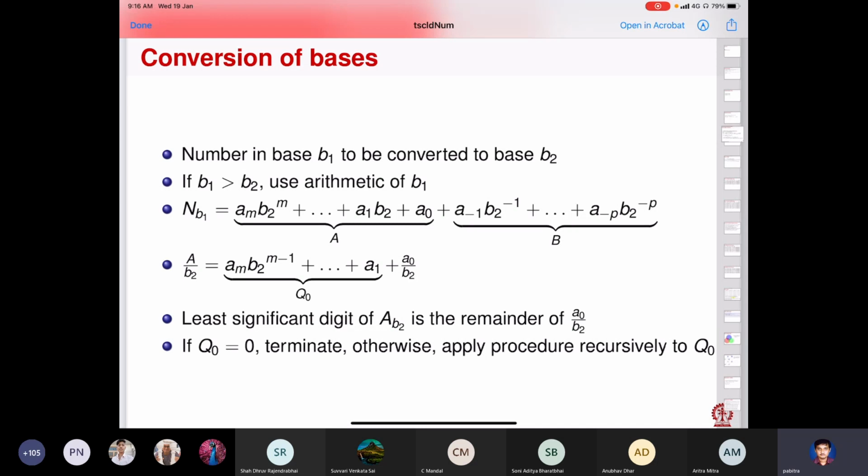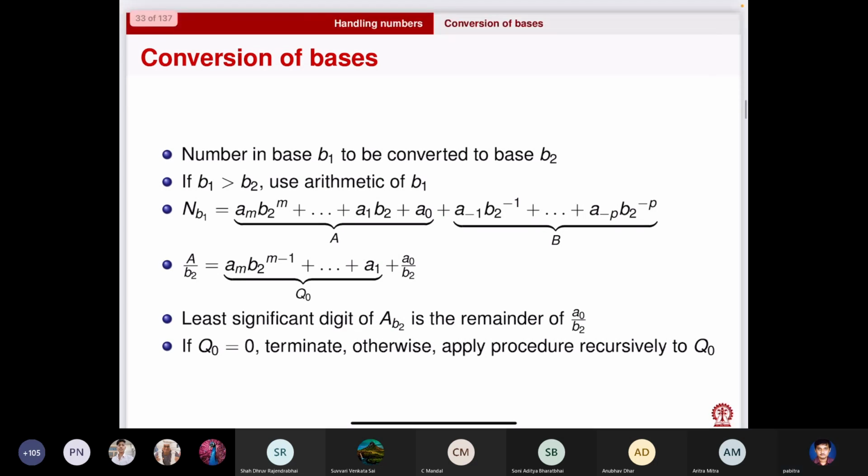Q1 again you divide by B2, you get A2, and so on. This you keep on doing recursively until the quotient becomes 0. Okay, so this is the usual decimal to binary conversion process.